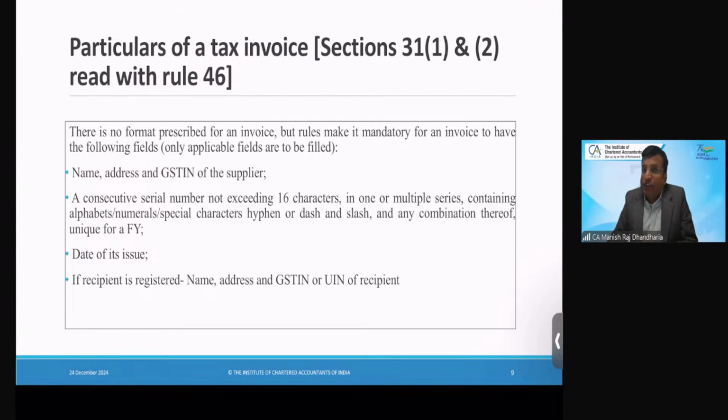In case of banking and insurance, this liberty is given for the whole month, irrespective of the amount. Even if the amount is more than 200, at the end of the month you have to issue one consolidated invoice. But again, in case of cinema hall multiplexes, there is no such relaxation. Even if it is less than 200, you have to issue an invoice.